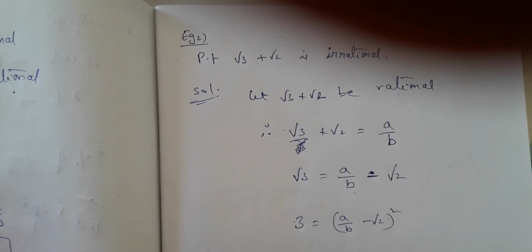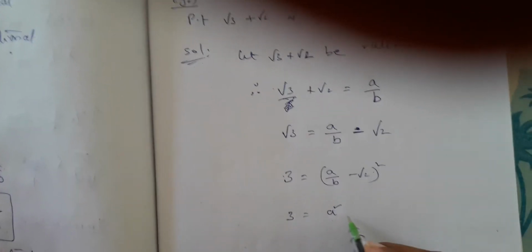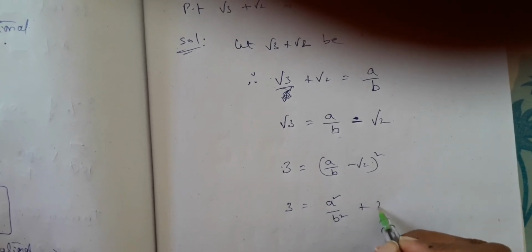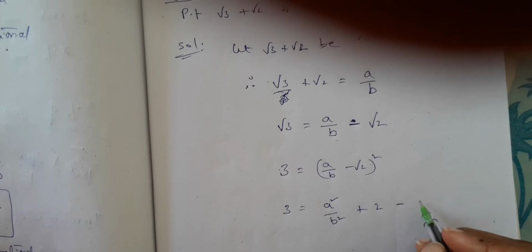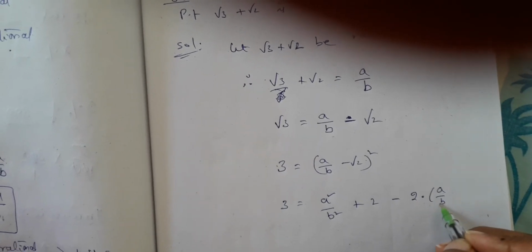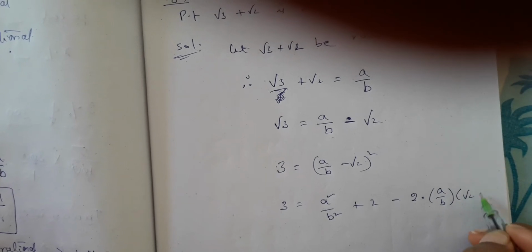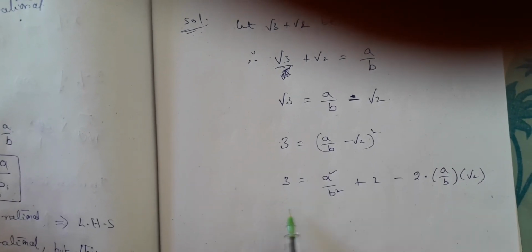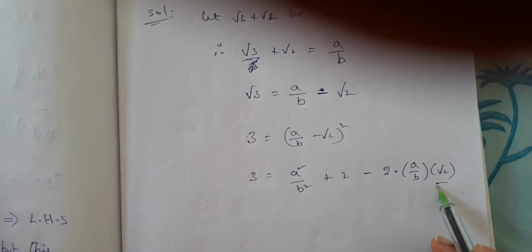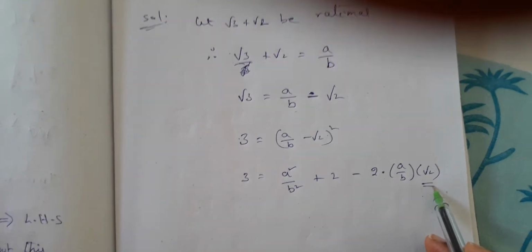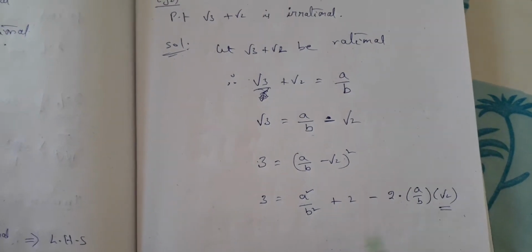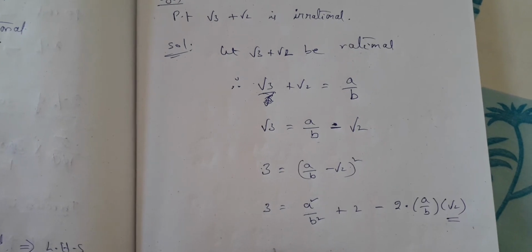So 3 is equal to a square by b square plus 2 minus 2ab, 2 into what is our a here, a by b, into what is the b, root 2. So we are left like this. Our concept should be only one root 2 term should be left there and the remaining all should be transposed onto the other side. So now let us see how we can do that.